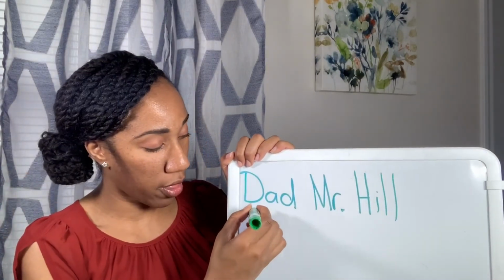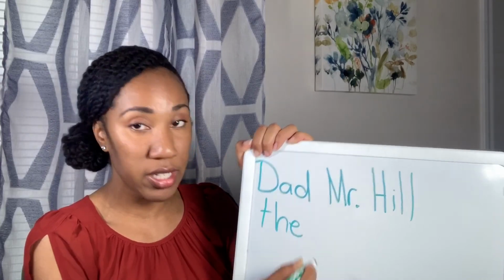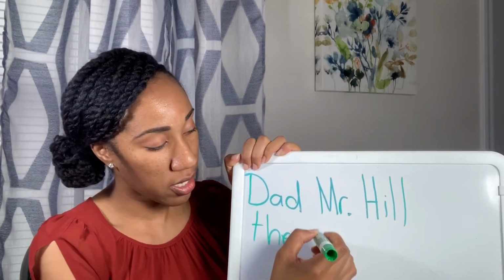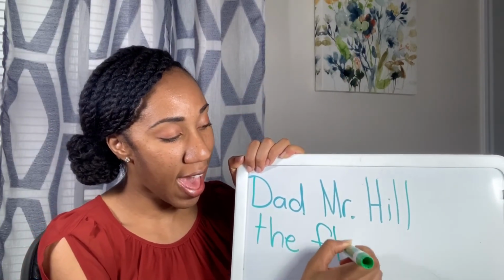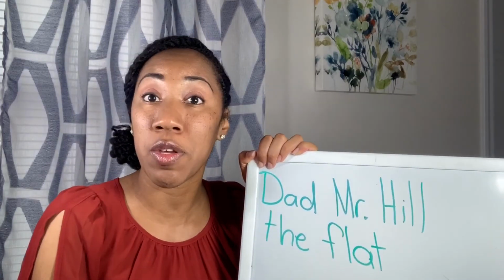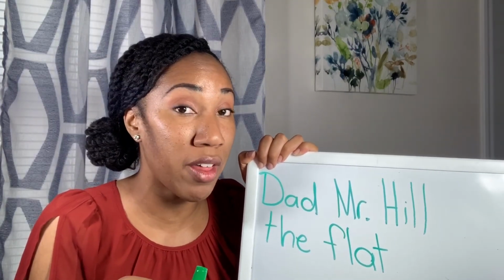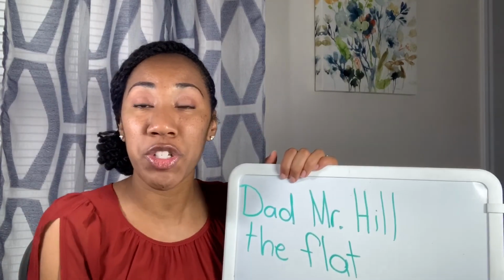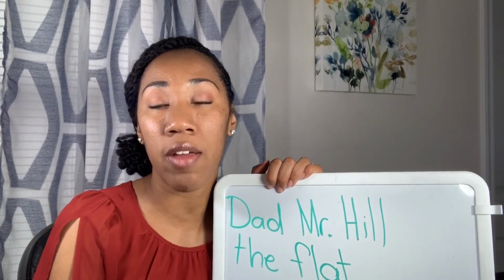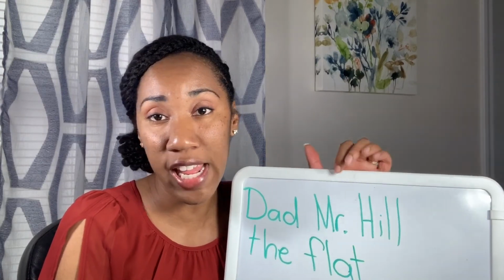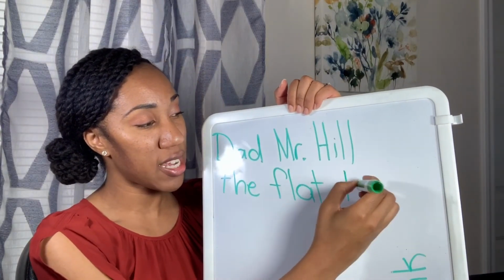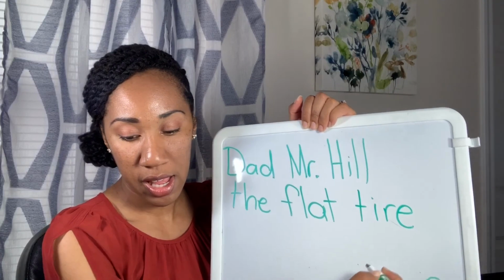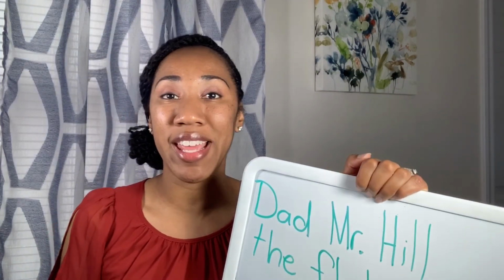So we have the word the, easy peasy, T-H-E, flat, F-L-A-T. I hope you guys are sounding out the words as you spell them just the way that I am. And then tire has a special sound in it. It has a special sound, ire, spelled with I-R-E. So tire would be T-I-R-E. And they already gave us the period at the end.